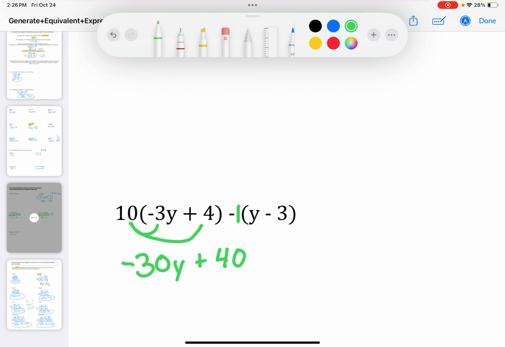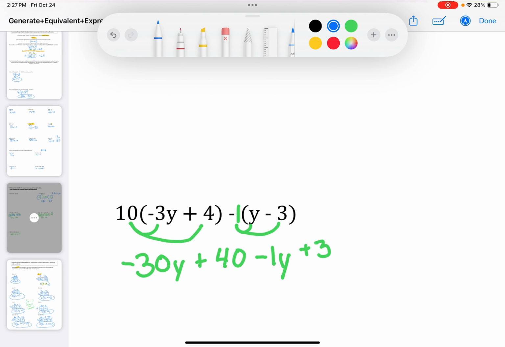So I'm going to put a 1 in front of the parentheses. So I'm going to do negative 1 times y would be negative 1y, which I don't need the 1, but I'm going to put it there for now. And then negative 1 times negative 3 would be positive 3, so I'm going to write plus 3.